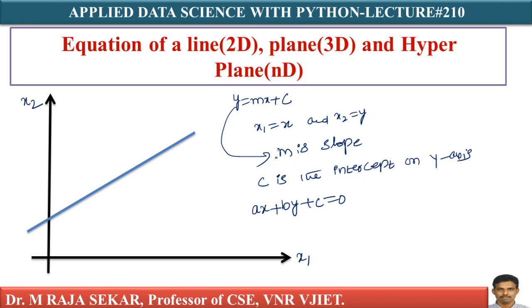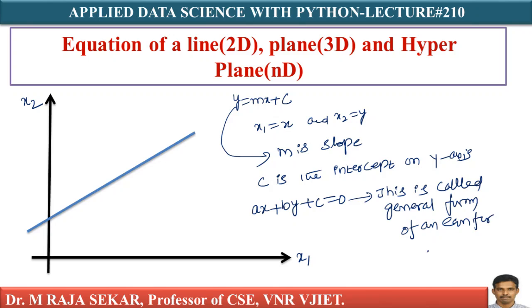This is called the general form of an equation for a line. They are both equivalent, you can prove it. This y equal to mx plus c and this ax plus by plus c equal to 0 are actually equivalent.